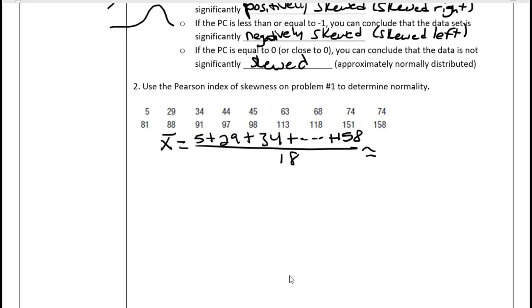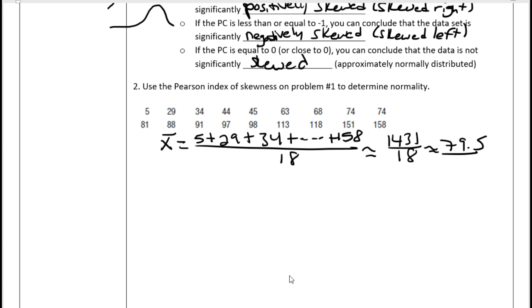So when I add them together, I get 1431, divided by 18 gives 79.5. All right, so that's my x bar.